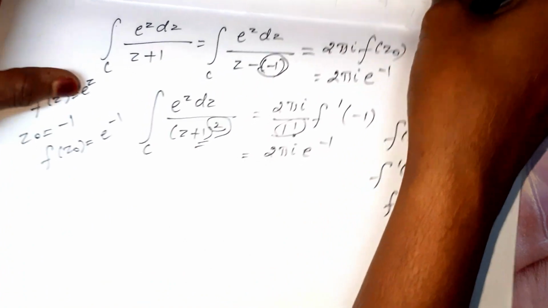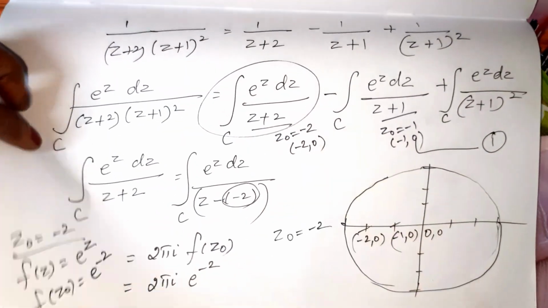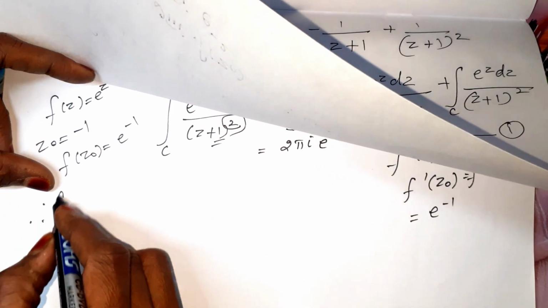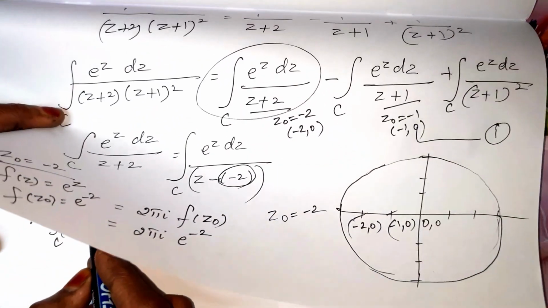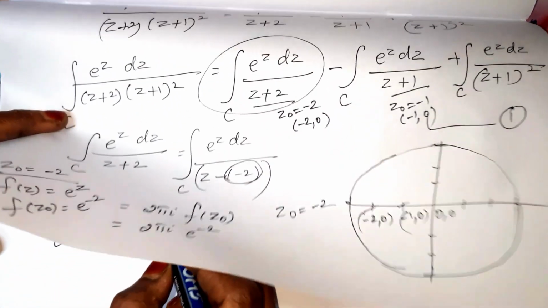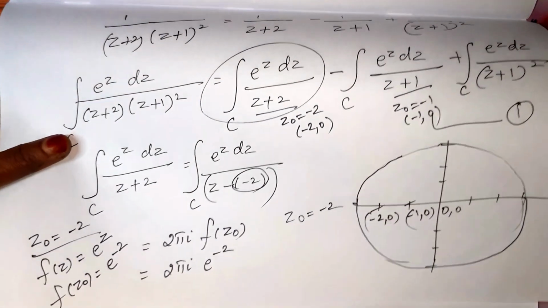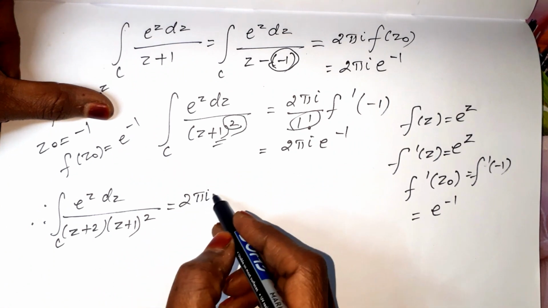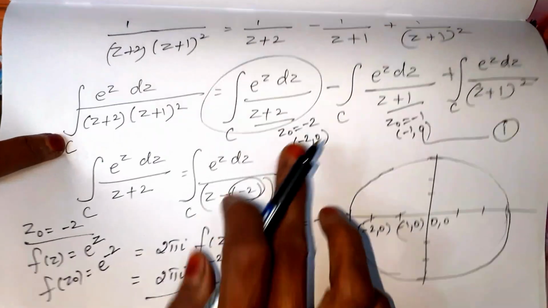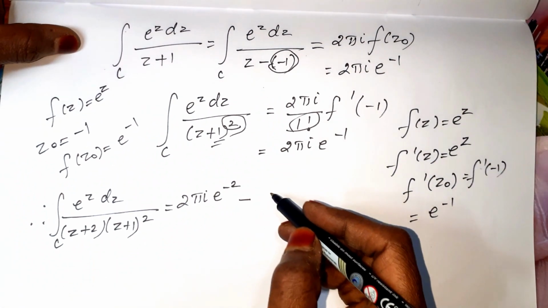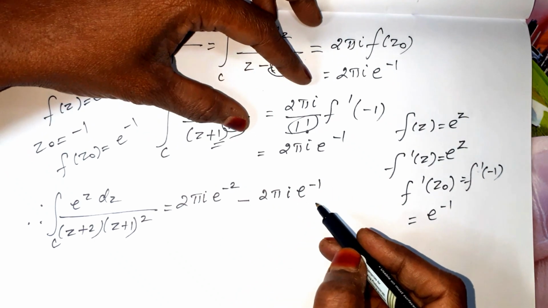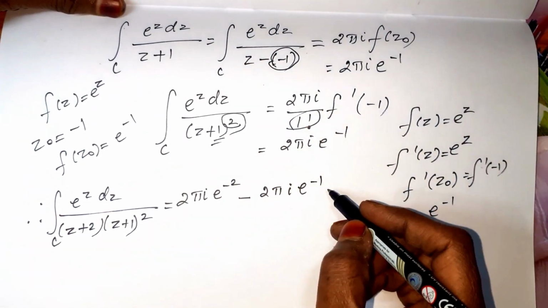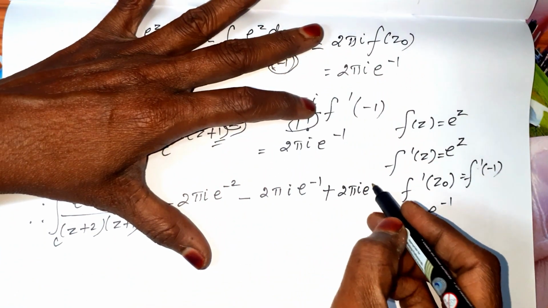So all the three answers we have to substitute in equation number 1. Therefore, integral over C e power z dz by (z plus 2)(z plus 1) the whole square is equal to the first evaluation, 2 pi I into e power minus 2, then minus the second integration, 2 pi I into e power minus 1, and plus the third one, 2 pi I into e power minus 1.